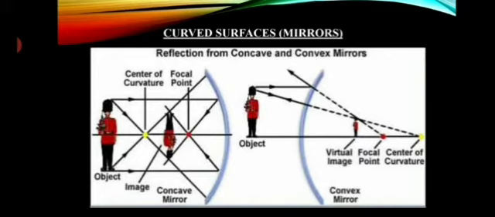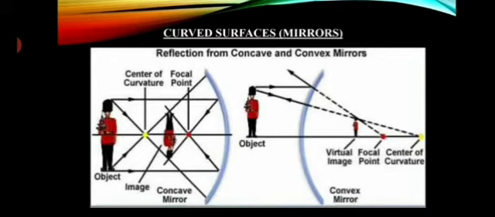When the object is placed in front of the concave mirror beyond the center of curvature, you obtain an inverted and diminished image, as you can see.